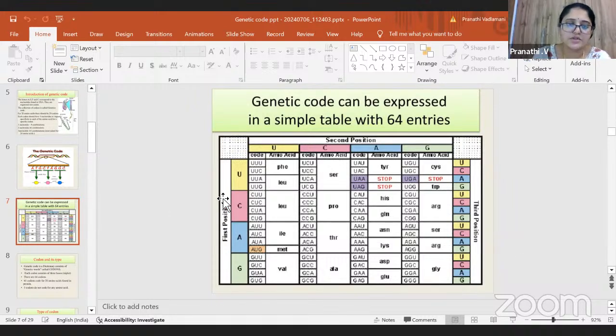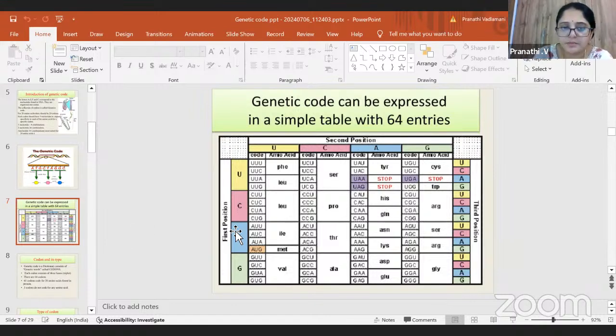So after transcription, you're going to get a uracil instead of a thymine. So you're going to get UCAG.